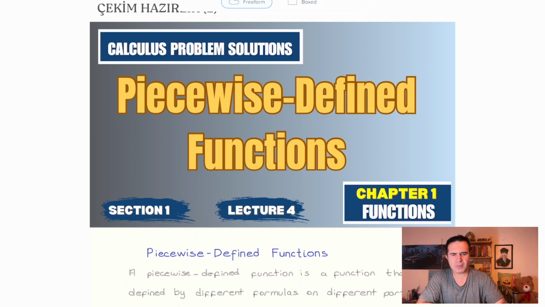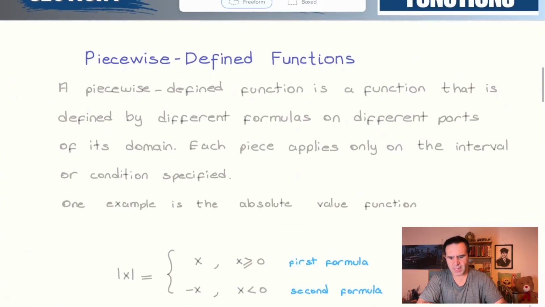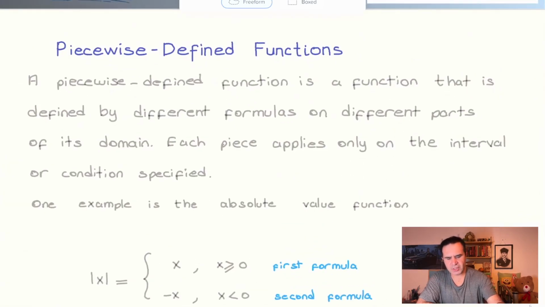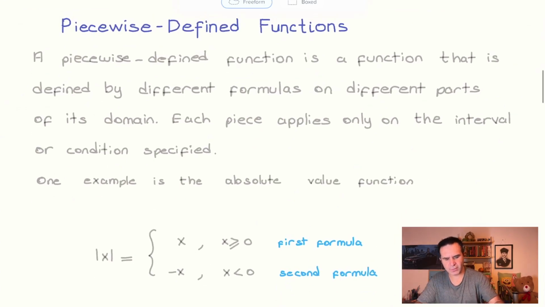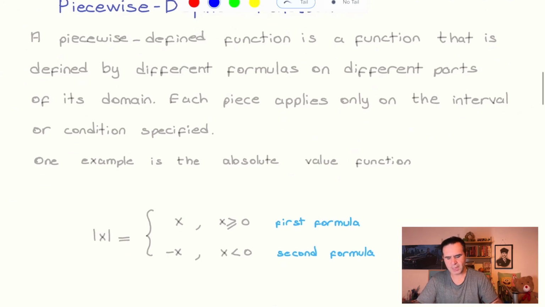Alright, let's get started. Today we begin with piecewise defined functions. A piecewise defined function is a function that is defined by different formulas on different parts of its domain. Each piece applies only on the interval or condition specified.